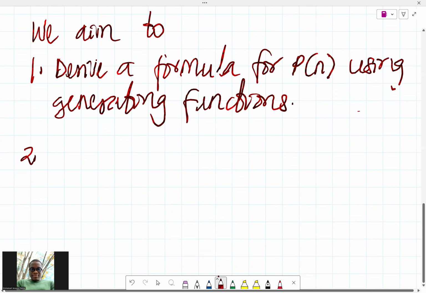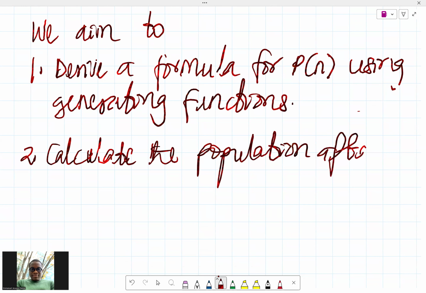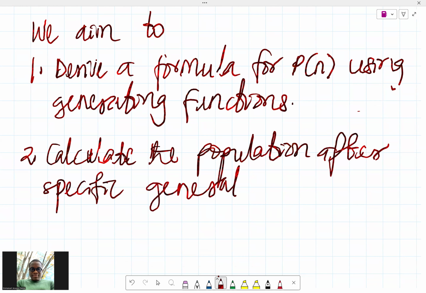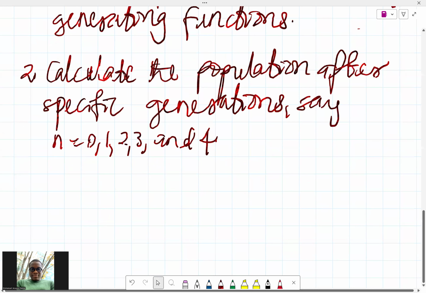Two, calculate the population after specific generations, say n equals 0, 1, 2, 3, and 4, so from the beginning to the fourth generation.